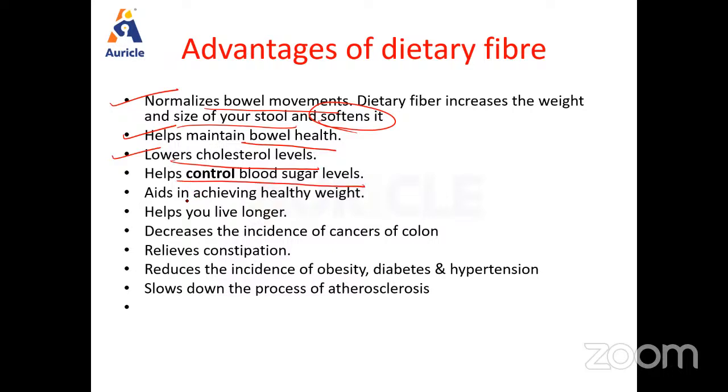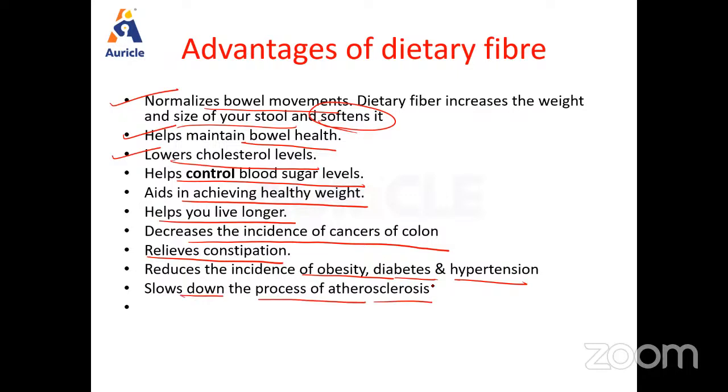Also, it helps in achieving a healthy weight, helps you live longer, decreases the incidence of cancer of the colon, relieves constipation, and reduces the incidence of obesity, diabetes, and hypertension. Obviously, with a healthy lifestyle, the person will reduce these incidents, right? It also slows down the process of atherosclerosis, meaning deposition of fat over the blood vessels.